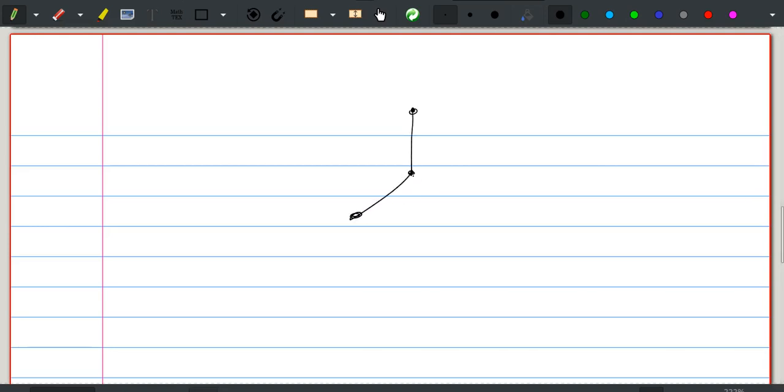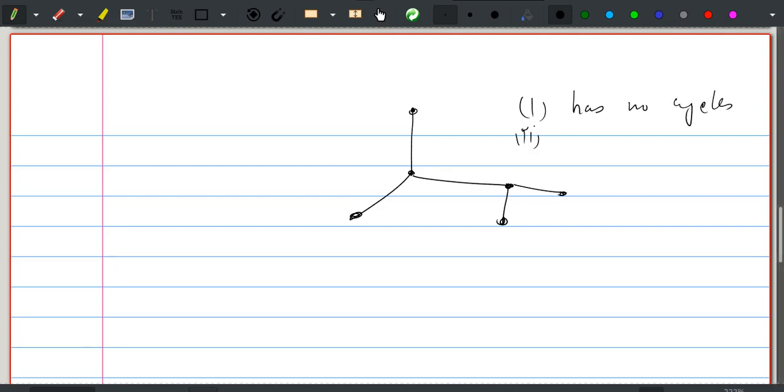So this is a tree because this graph is free from cycles, and the second condition is that it is connected. So if these two conditions are satisfied by a graph, that graph is called a tree.